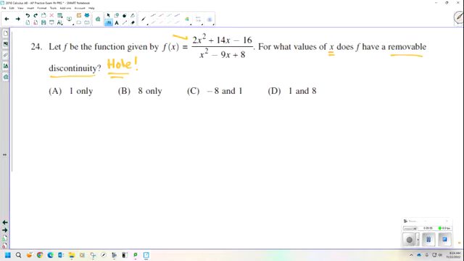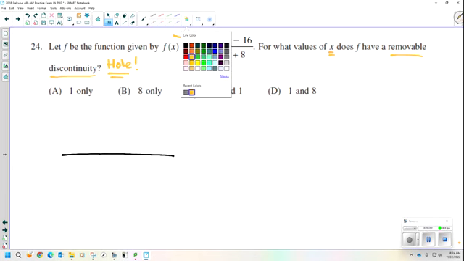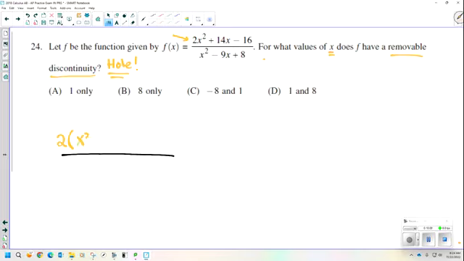I'm going to look at this numerator here. We've got a fraction. I'm going to look at this numerator, and I can factor out a 2. That would leave me x squared plus 7x minus 8 all over x squared minus 9x plus 8. The top can factor.